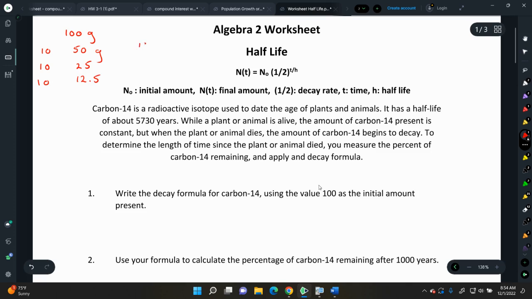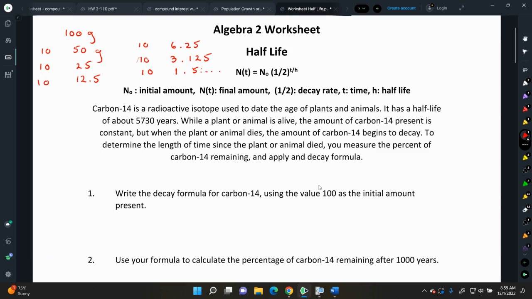In another 10 days, 6.25. In another 10 days, 3.125. In another 10 days, I'm down to half of that, 1.5 something. Whatever.